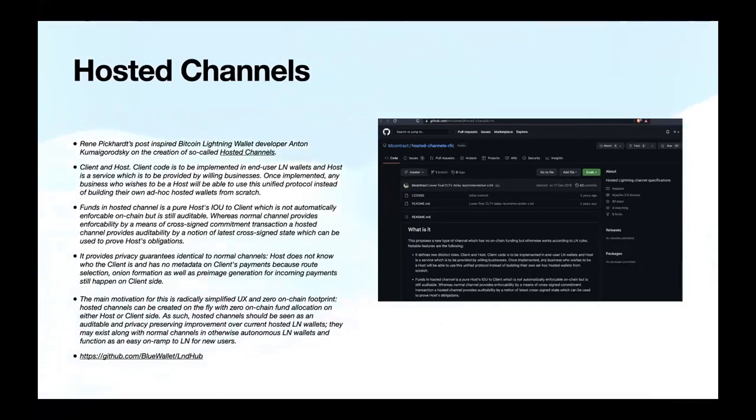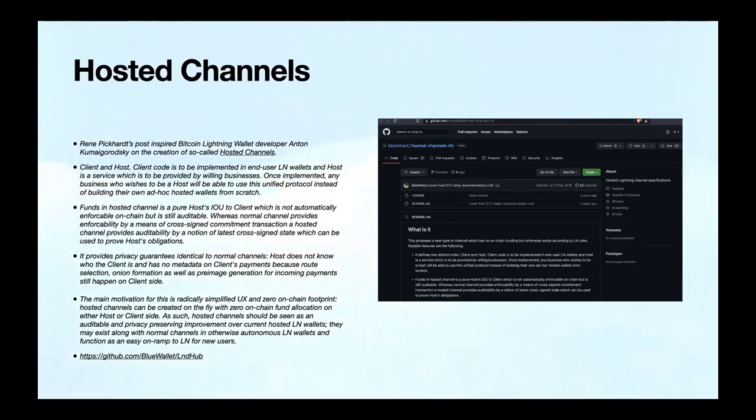After René Picard's post, the Bitcoin Lightning wallet developer Anton Kumaigorodski created and proposed the so-called hosted channels, a specific type of channel on the Lightning Network that enables some sort of credit system in which funds in a hosted channel are actually an I owe you between the host and the client.